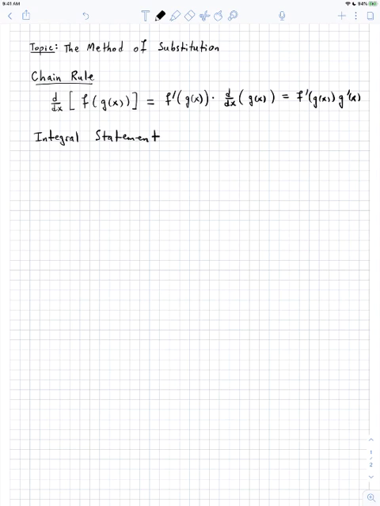And what does it tell us? It tells us, well, the chain rule says that the derivative of the composition is f prime times g prime. So that means the antiderivative of f prime of g times g prime dx, so the indefinite integral, is the same as the general antiderivative, it's going to be equal to the original composition, f at g of x.